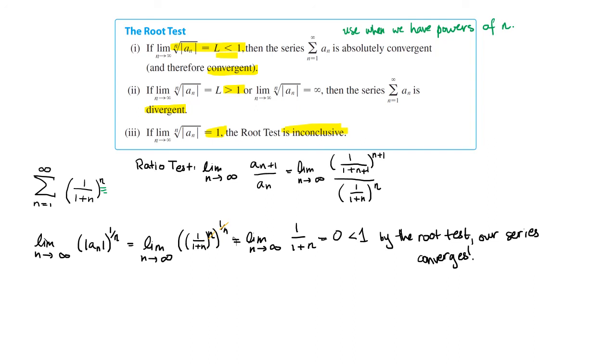I meant nth powers. Let me correct that. So in an example like this, where we're taking the nth power of a term, then the root test is a really great tool to use. It'll save you a lot of time.